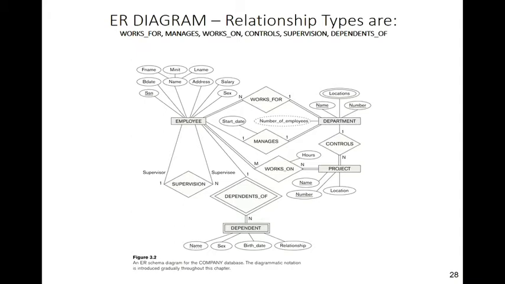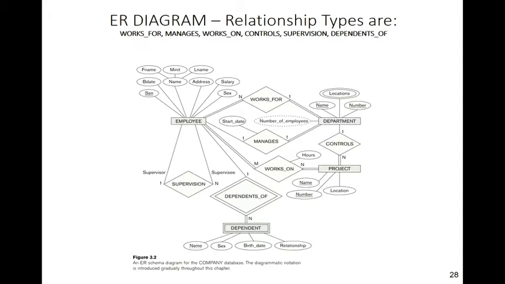That's not really clear on this to me. The way that I would want to see this is an employee manages 0 or 1 department. And if I go the other way, a department is managed by 1 and only 1 employee. That's the way that I would want to see this depicted.